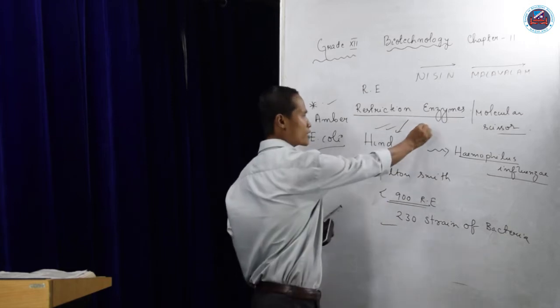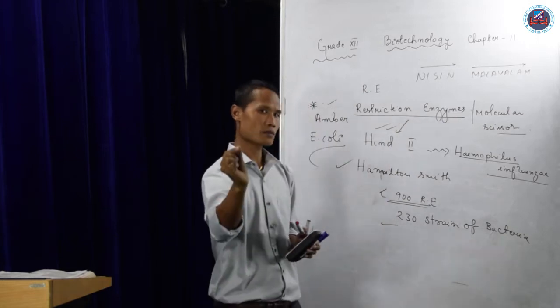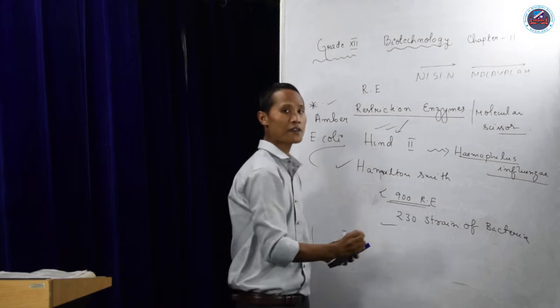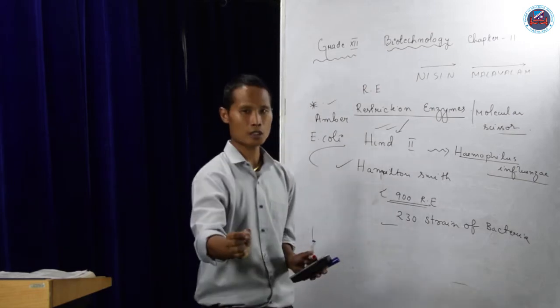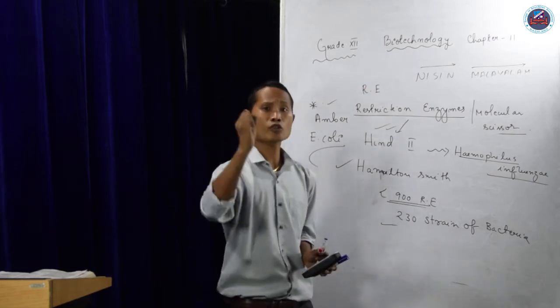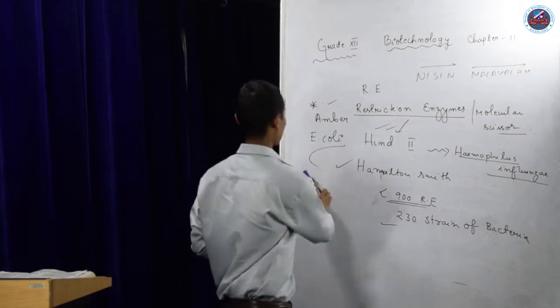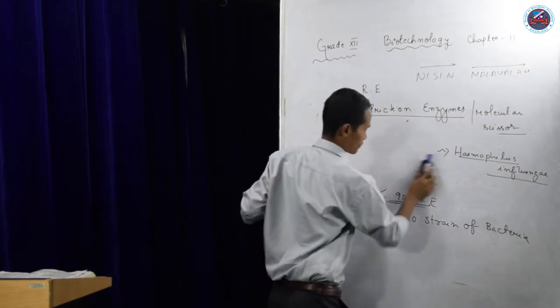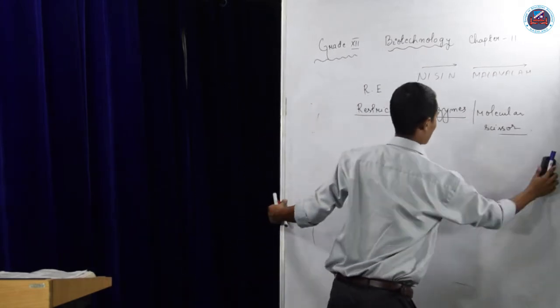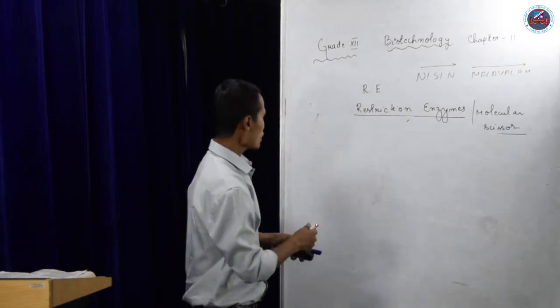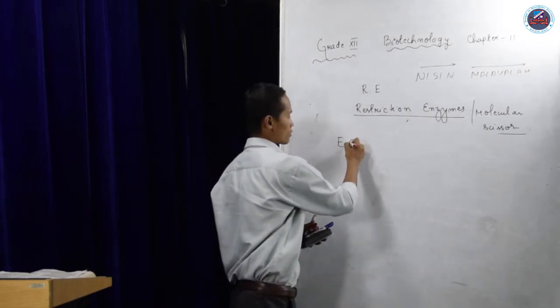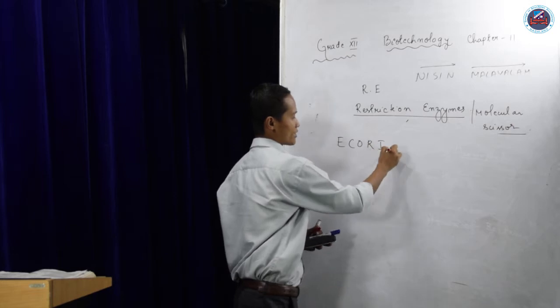Each restriction enzyme has a specific palindromic sequence. Let's take an example. EcoRI is also one kind of restriction enzyme.